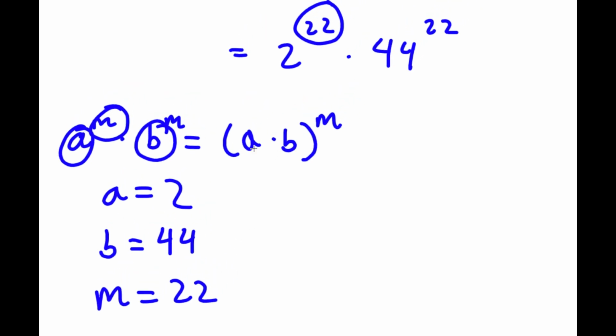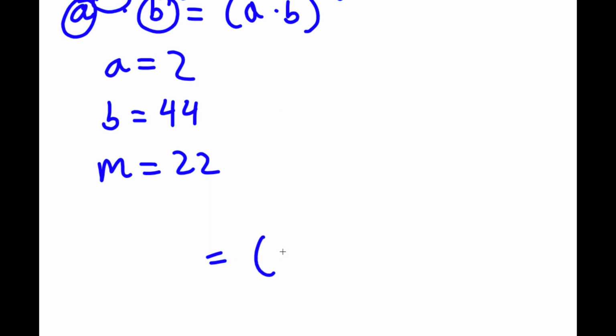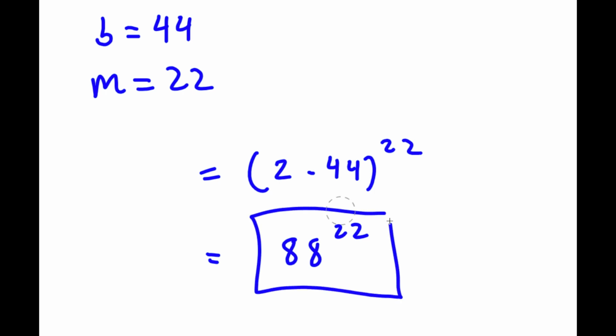So we want to put this in the form a times b to the power of m. So this is going to equal a times b, so 2 times 44 to the power of m, which is 22. Now, 2 times 44, that's simply equal to 88. So now I have 88 to the power of 22. So this is my answer.